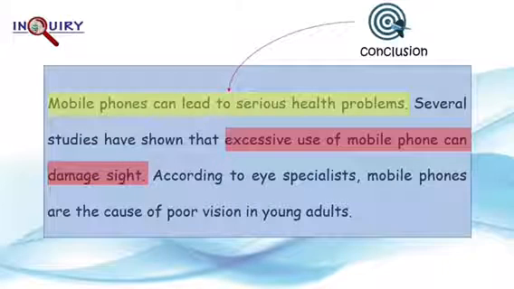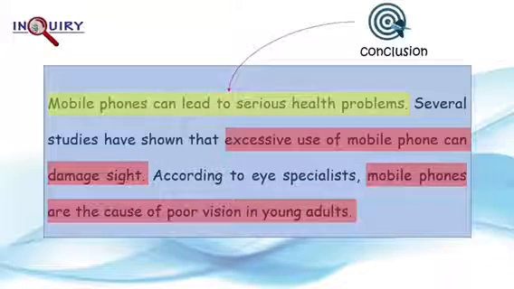First, excessive use of mobile phones can damage sight. Okay, that's the reason the person has given. And look at the language that's used. Have shown that. According to eye specialists, again, that's another language item that can be used to give arguments.